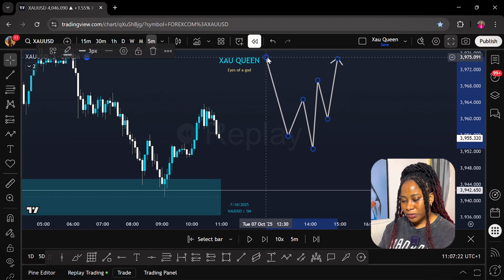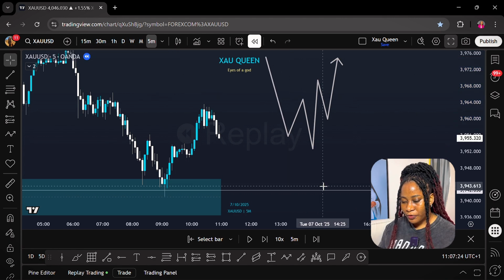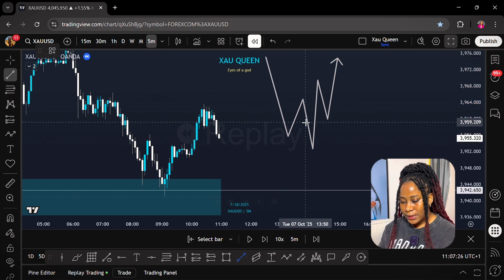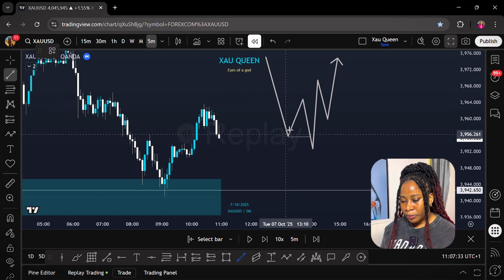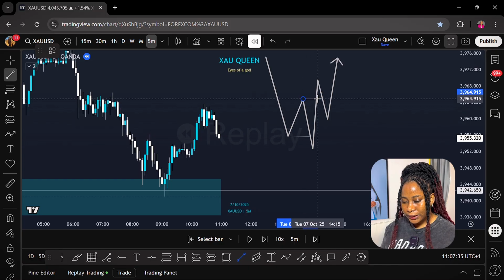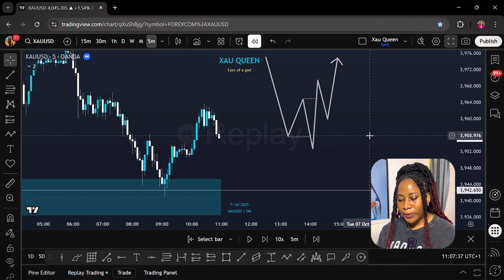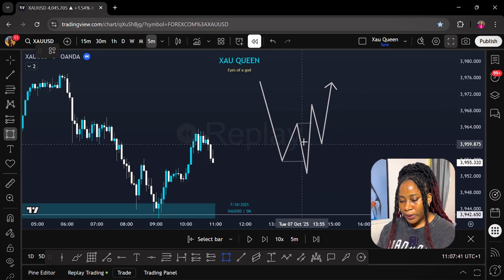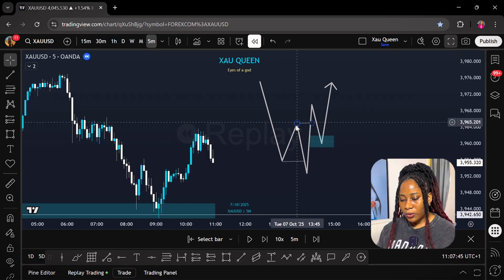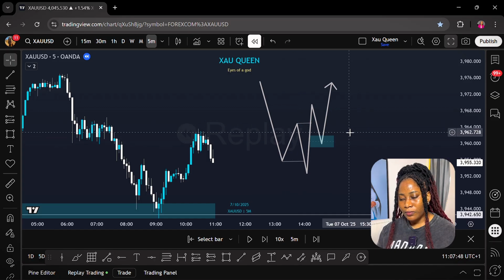Now, this can be coming from somewhere. We don't care where it's coming from. But what's important is that we get this sweep, very important. And then we get a body close above this. That is what we are looking for as our confirmation entry.